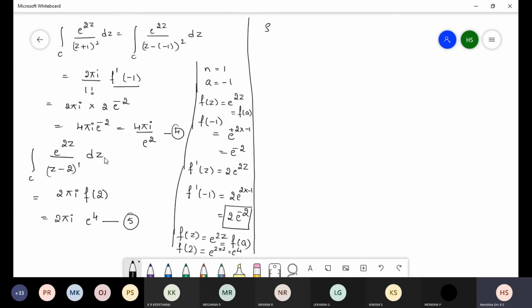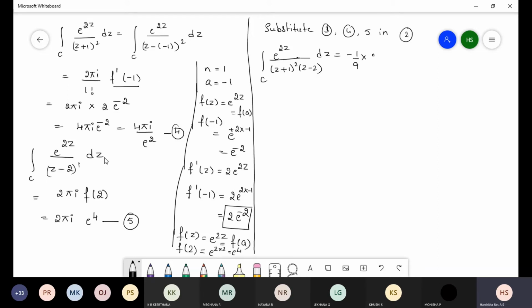Now substitute equations 3, 4, 5 in equation 2. So the integral over the curve C of e power 2z divided by z plus 1 whole square into z minus 2 into dz is equal to, first, a value 1 by 9 into what is our equation 2?